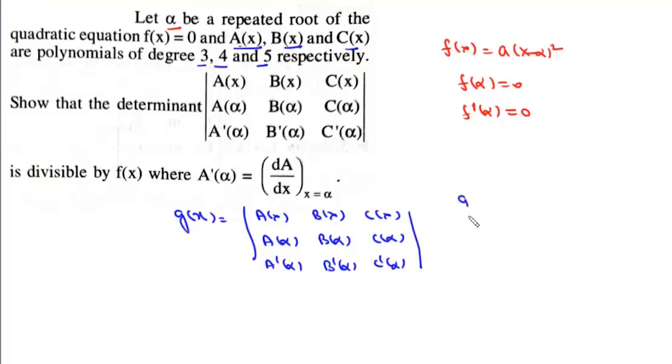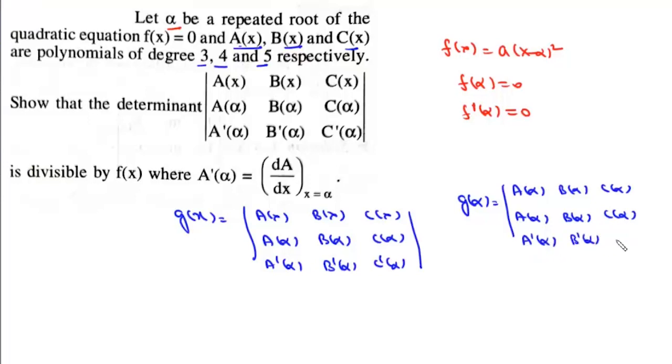Now if we find g(alpha) it will be a(alpha), b(alpha), c(alpha), and this is a(alpha), b(alpha), c(alpha), and this is a dash alpha, b dash alpha and c dash alpha. Now here we have 2 identical rows. That means value of this determinant is 0. So from here we can say alpha is a root of this polynomial g(x).